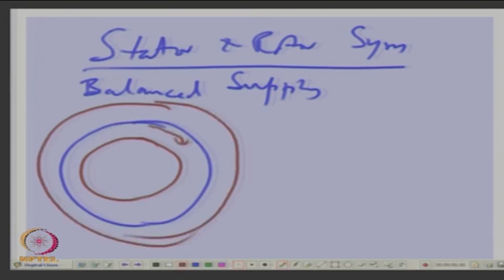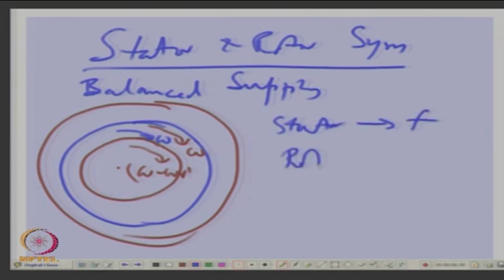You have plus omega here and omega minus omega r here, and this will give rise to one symmetrical field. That means the stator is f and the rotor is f minus f r. This is the frequency.